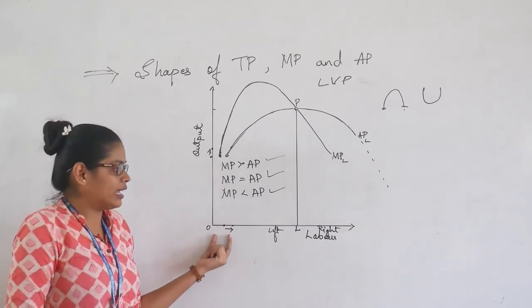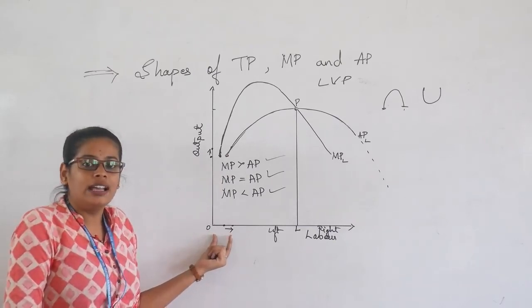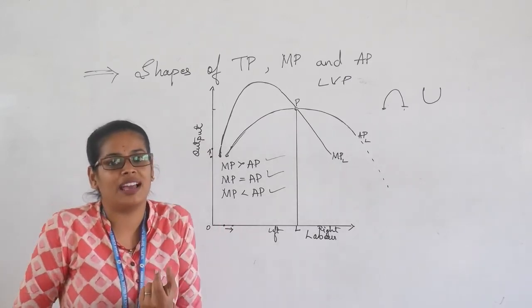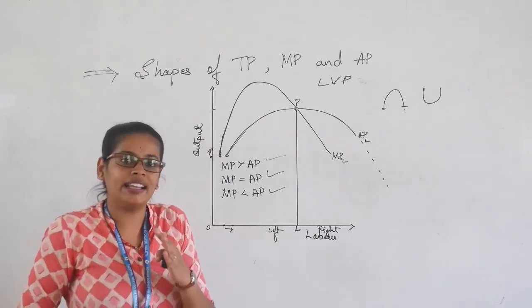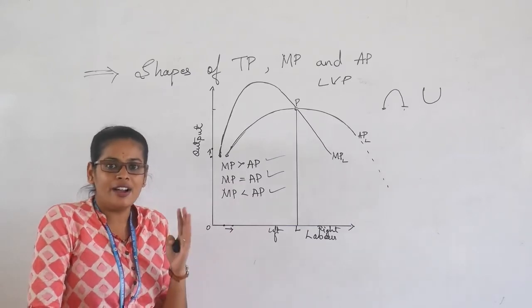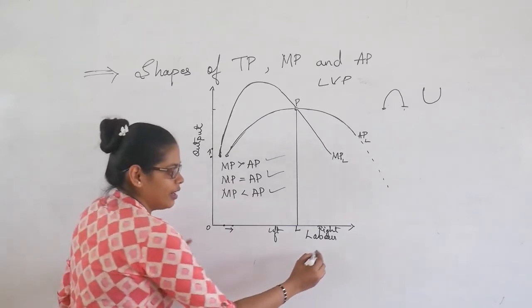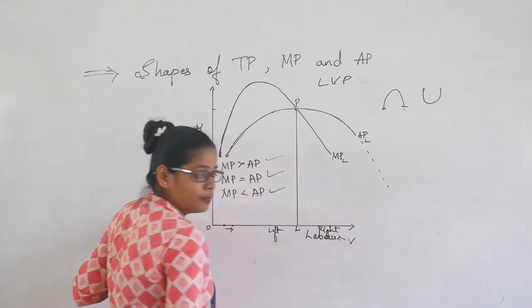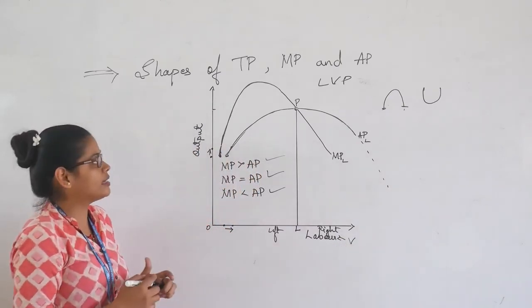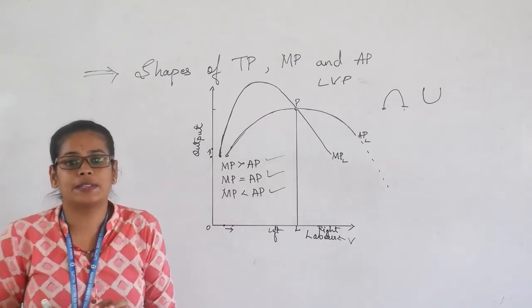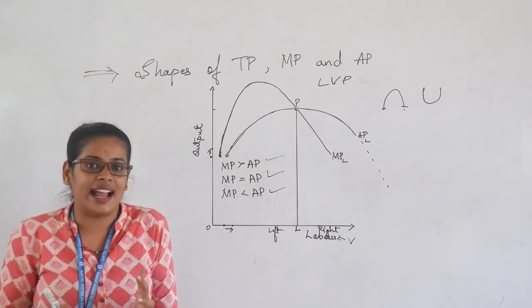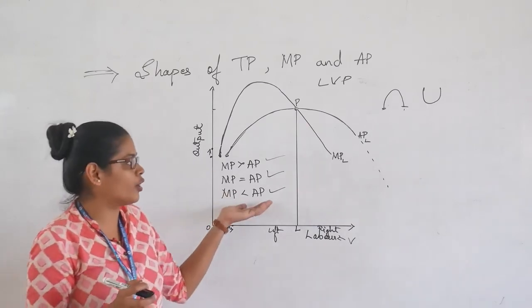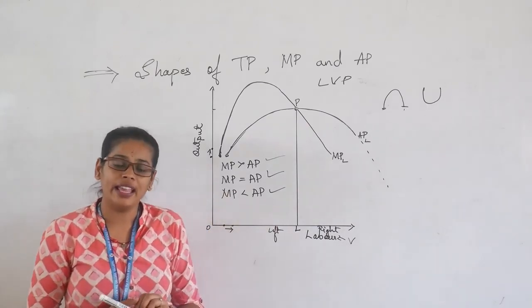So it always depends on keeping in mind that only one variable, one input, is changing and keeping other inputs fixed. So here the variable which is not fixed is the labor. Okay, so this is all about how we understand the shapes on seeing the curves of the MP, AP and the TP.